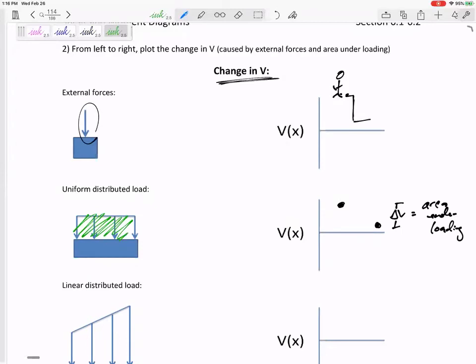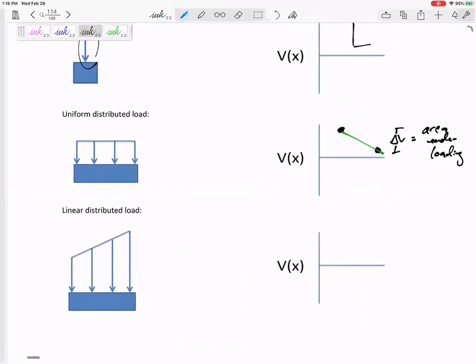So base times height would give me how far I go down from beginning to end. And now I just need to ask myself, what kind of shape am I going? Is it like this? Is it like this? I'm thinking that the slope of the load pushes me down. So this is a uniform, it's pushing me down uniformly, right? A uniform distributed load pushes me down in a linear fashion.